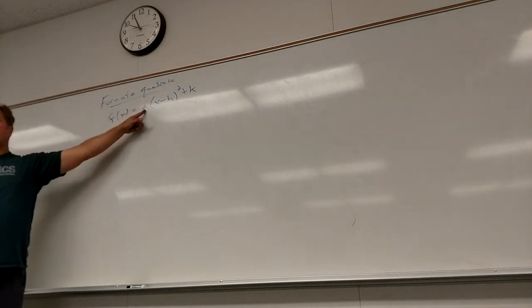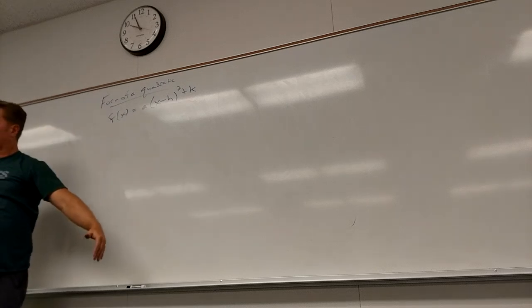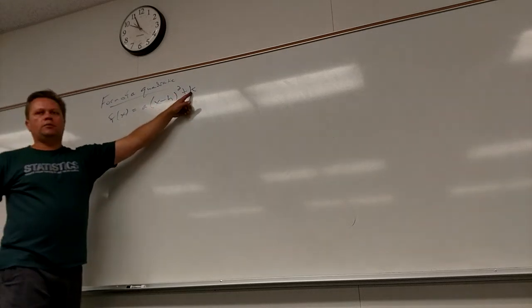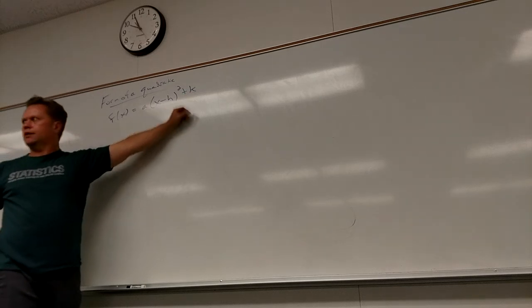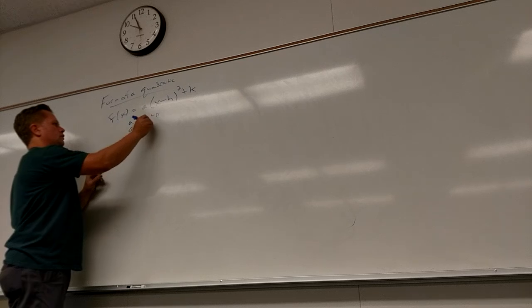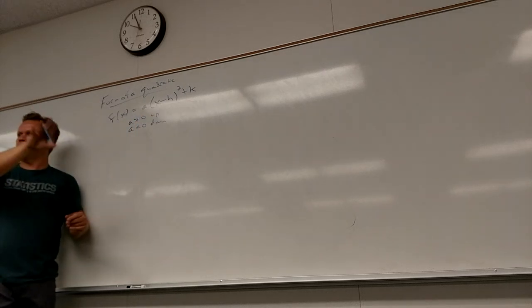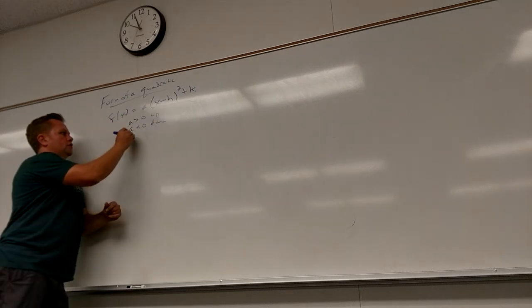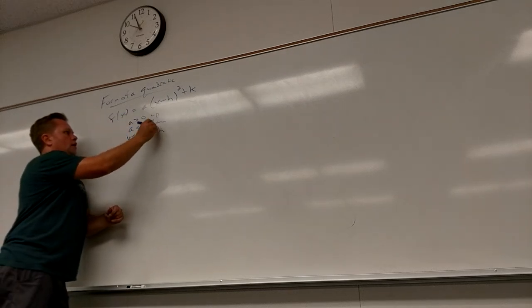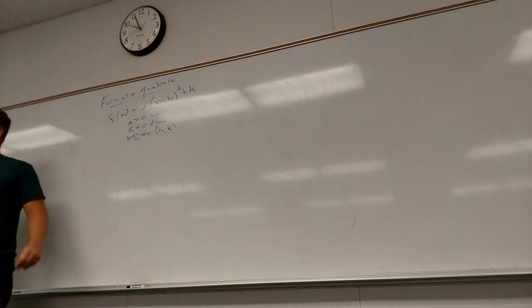But if A is positive or negative, that tells me it opens up or down. H and K tell me the vertex. There you go. So A greater than 0 is up, A less than 0 is down, A equals 0 is a flat line, we don't look at it. And then the vertex would be at (h, k).